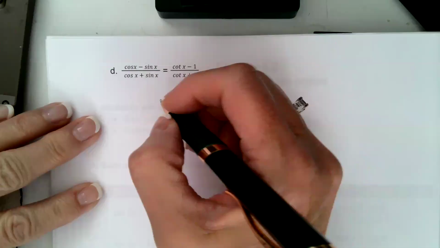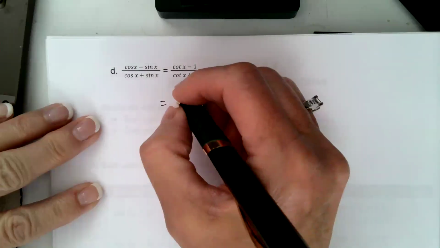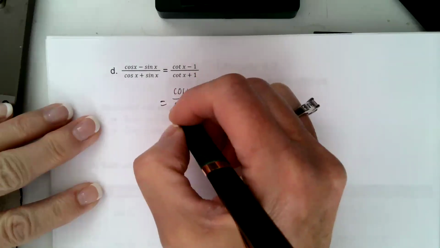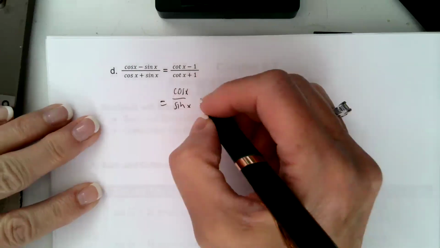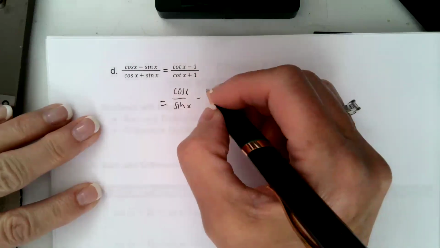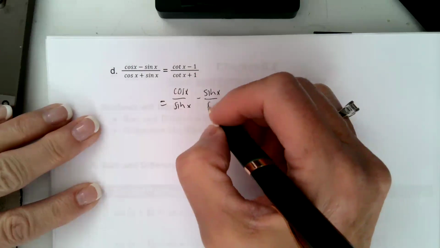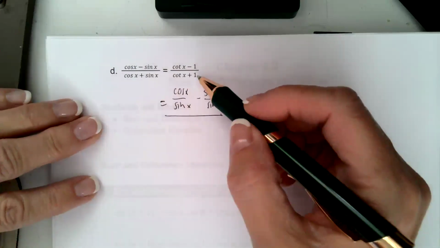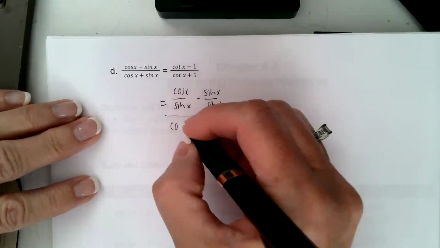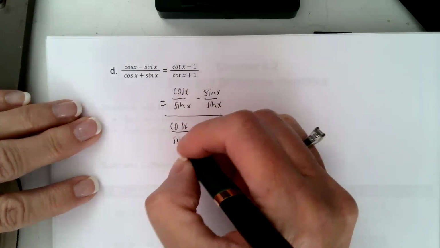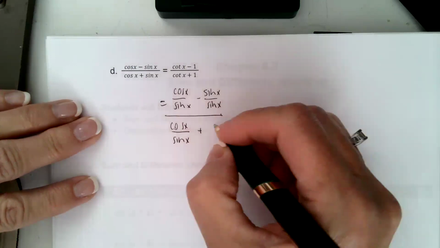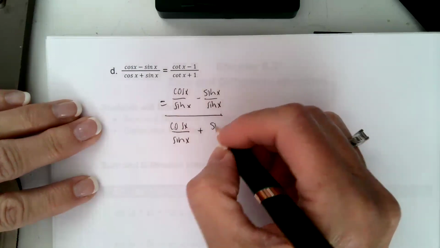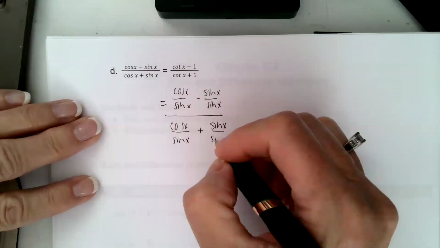I'm going to rewrite the cotangent x as cosine x over sine x, and I'm going to make this 1 into a common denominator of sine x. And then the denominator, I'm going to do the same, so it's going to be cosine x over sine x, except for it's an addition, and again turning my 1 into a sine x over sine x.